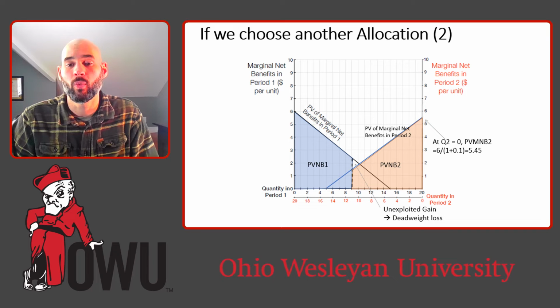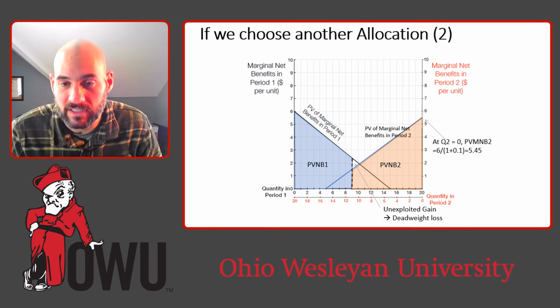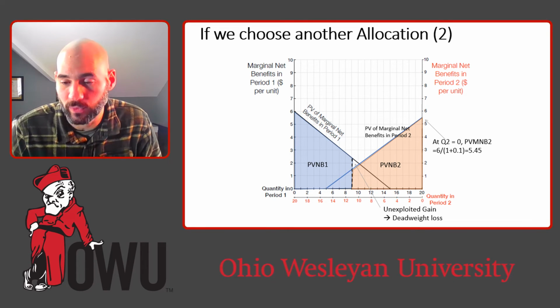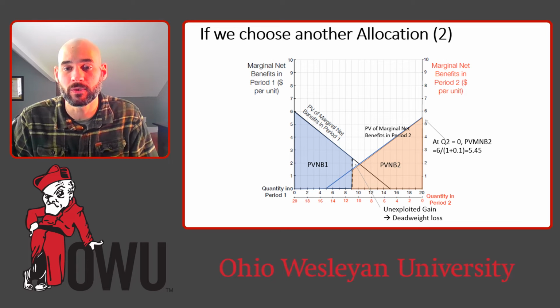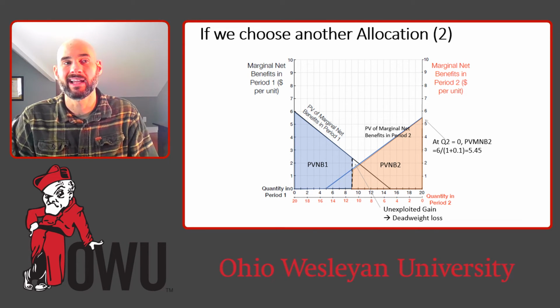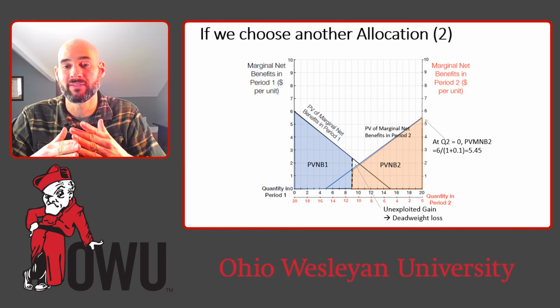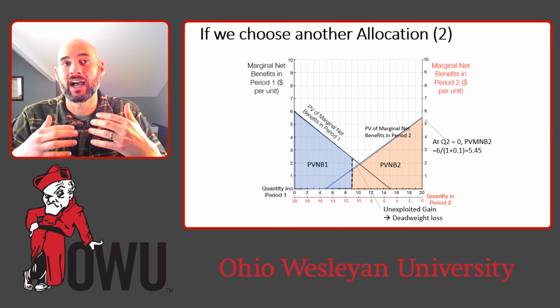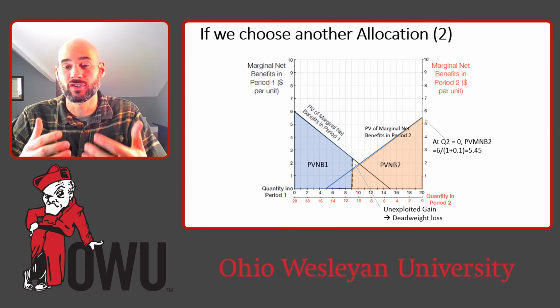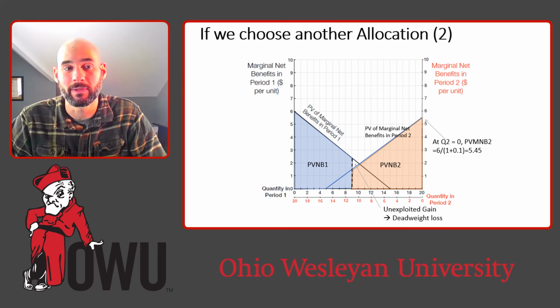And so when we set those curves equal to each other and extract according to when the present value of the marginal net benefit curves are going to be equal to each other, that's when it's just the dynamic analog to setting the marginal benefit curve equal to the marginal cost curve and realizing that the sum of consumer surplus and producer surplus is going to be maximized at that point.